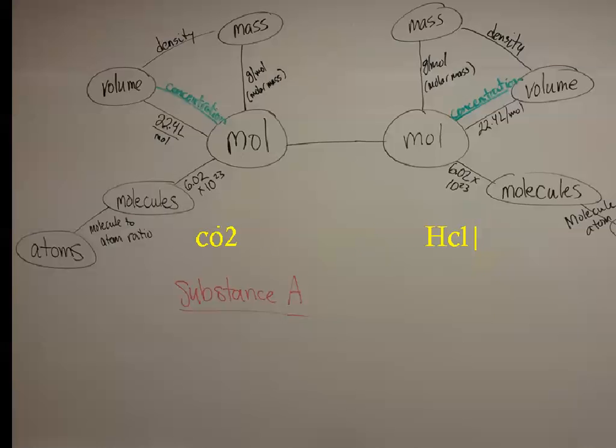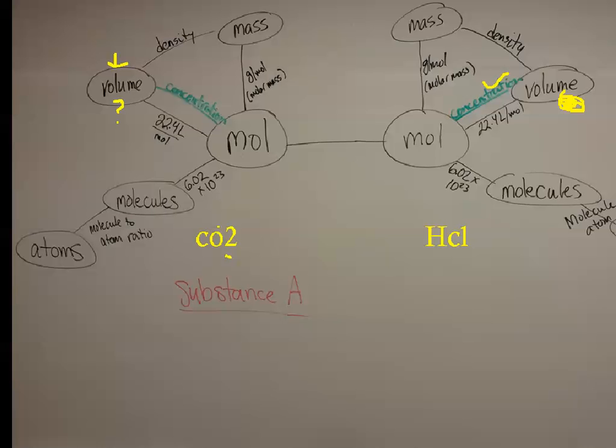So remember, where is it starting us? It's asking what volume of CO2, and it's giving us the concentration and a certain volume of HCl. So it's starting us with a volume of HCl. It gave us the concentration. Check. And we are trying to find out the volume of CO2.